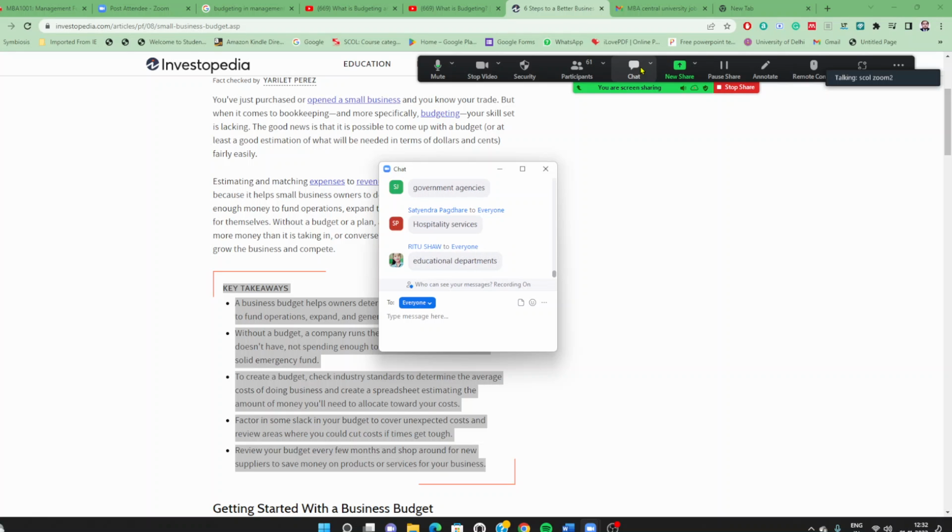So government agencies, all sorts of government, educational department, good Ritu. Satyendra, hospitality industry, right? Tours and travel. So tours and travel, fine. The passengers may be spending on other expenses, but for setting up that particular office, the spending will be on human resources, isn't it?